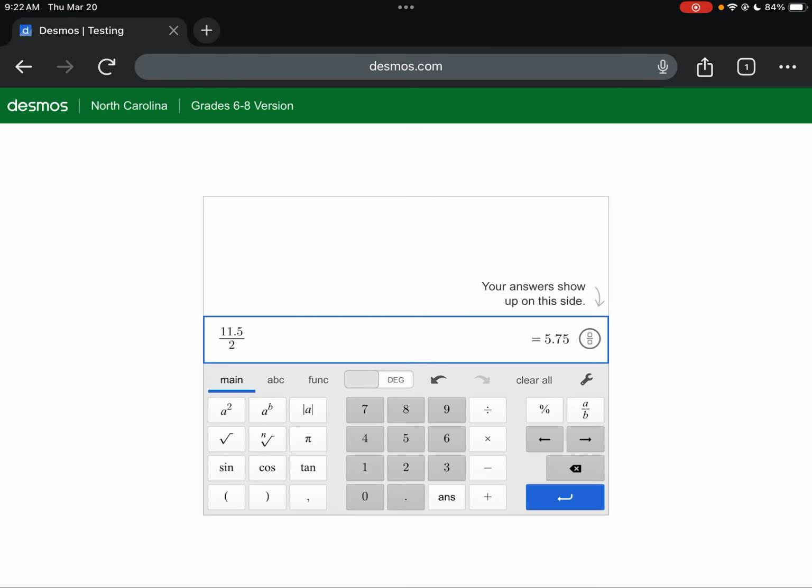So I'm going to come over here, and it is 4/3 times pi times 5.75 cubed, which is equal to 796.32.